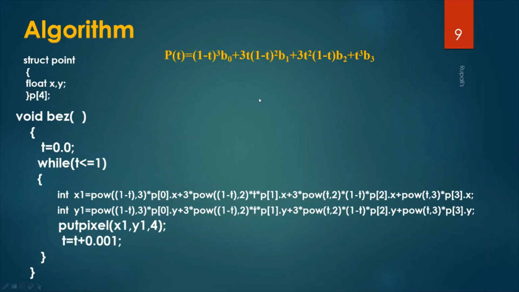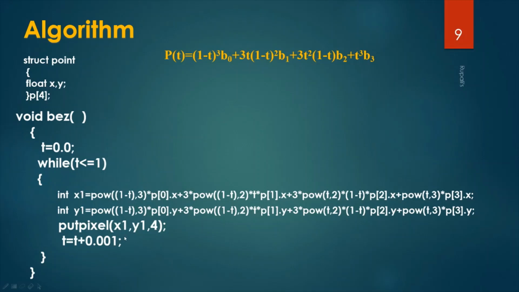Then for this one, 3t(1 minus t) square, pow(1 minus t, 2), this t is here, then p1.x, and p1.y, sorry. And this portion you have to write p2.x, p2.y, and for this it is p3.x, p3.y. In this way you get x1 and y1 point.